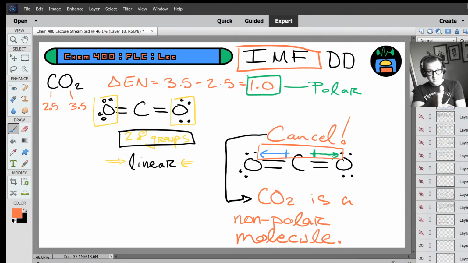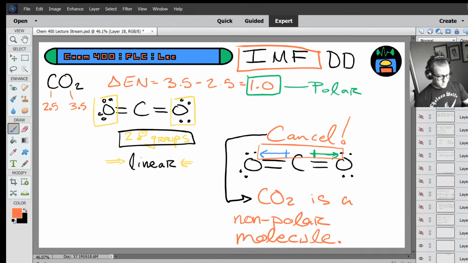That knot in the middle of your tug of war rope isn't going to move one way or another because they're pulling with the same strength in opposite directions. So their efforts cancel each other out. So even though your bonds are polar, the molecule itself is nonpolar because there is no molecular dipole. All right, there is no molecular dipole in this molecule.